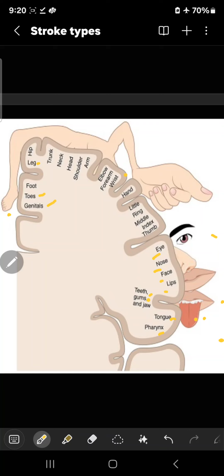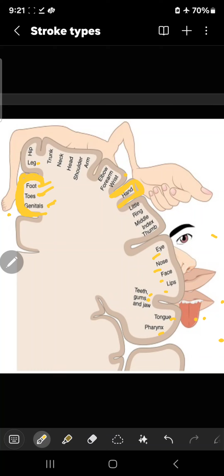Why this is very important: suppose there is a loss of blood supply in this area. There will be a neurological deficit in the foot, toes, and genitals. Suppose there is a decrease in blood supply in this area, then maybe the motor loss will be in the hand.